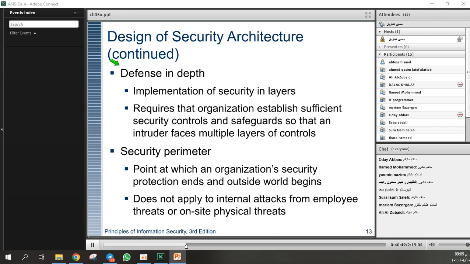One more important thing. When we are talking about security architecture, we have different strategies here. One of them is defense in depth. The other is defense in width. Defense in depth means that I must implement my security tools and strategies in different layers.